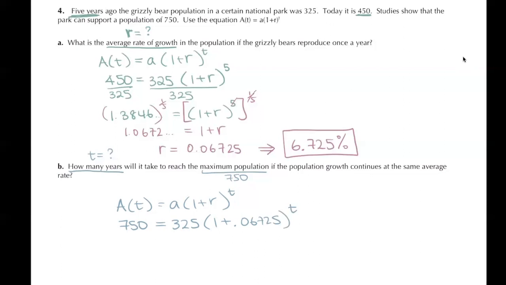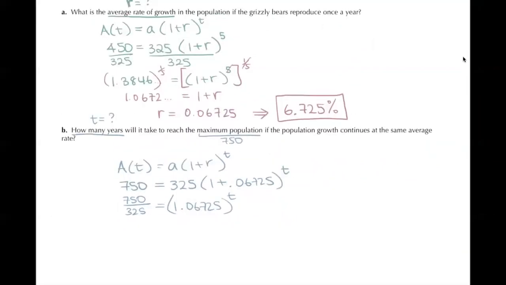Okay, so I'm going to divide 750 by the 325. I'm going to add the 1 with that decimal. And notice my variable T is in the exponent. So I'm going to log both sides to get that down. So I get T log of 1.06725.